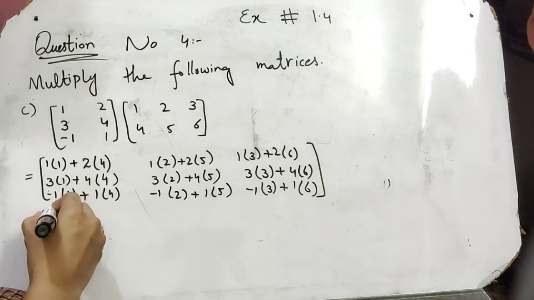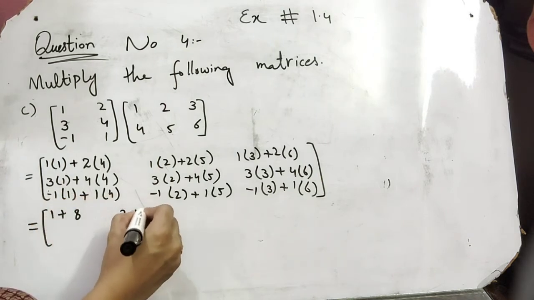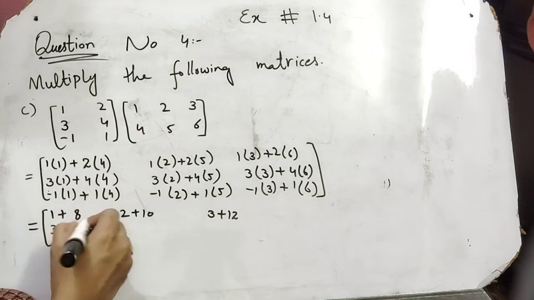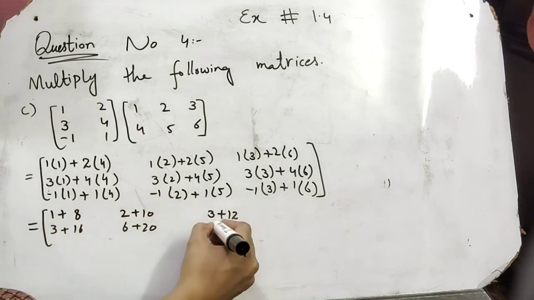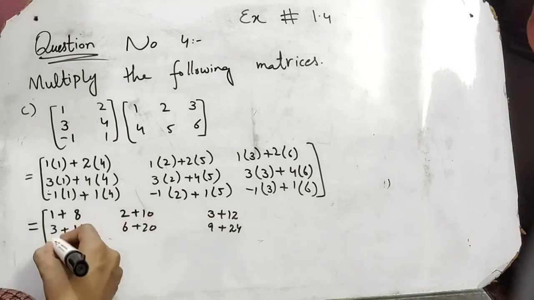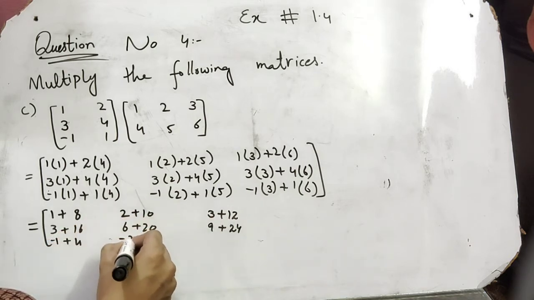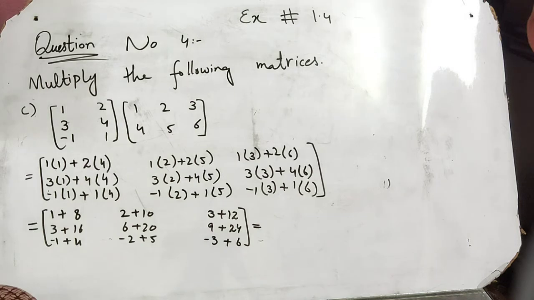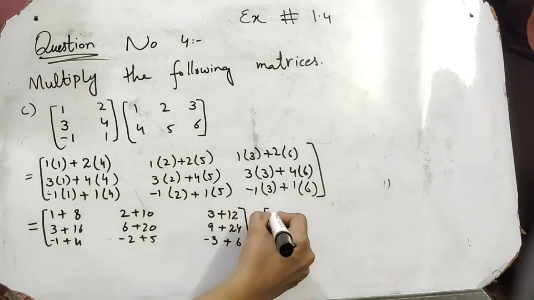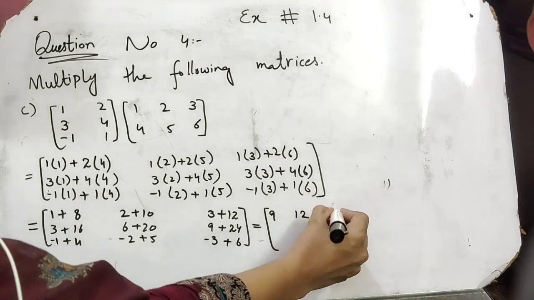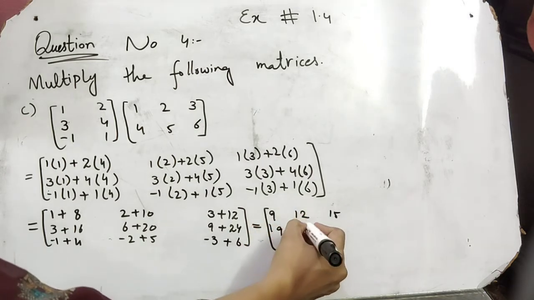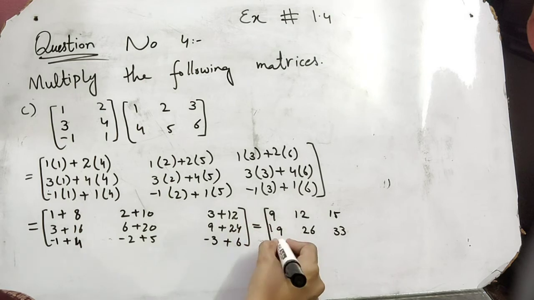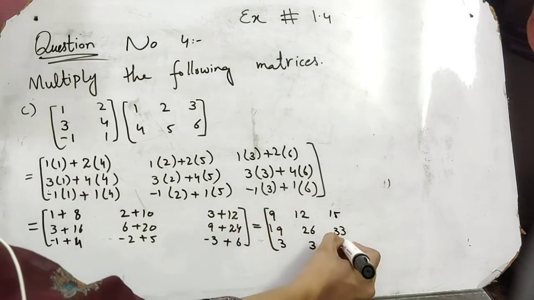It will be equals to 1 plus 8, 2 plus 10, 3 plus 12, 3 plus 16, 6 plus 20, 9 plus 24, minus 1 plus 4, minus 2 plus 5, minus 3 plus 6, which will be equals to 9, 12, 15, 19, 26, 33, 3, 3 and 3.